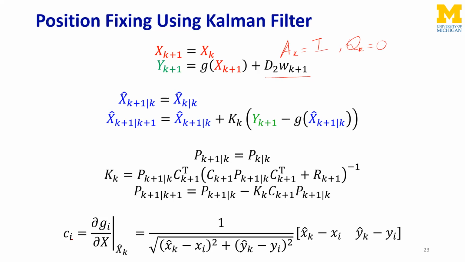The output matrix CK is going to contain 3 rows, C1, C2, C3. And each of these rows is given here. Each small ci is given by the partial of GI. GI is the first, second, and third component of the function G that I showed you on the previous slide.